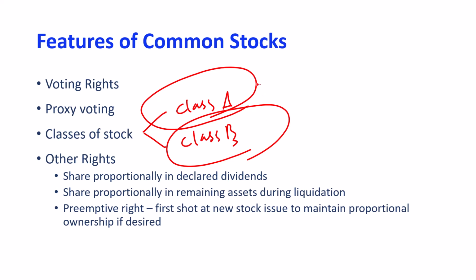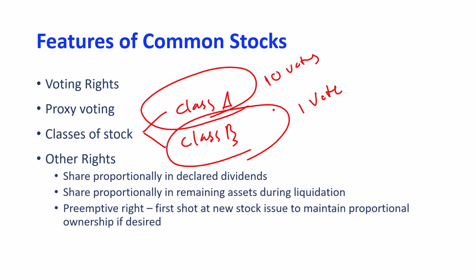For example, in the case of Facebook or Meta, Class A shares are all owned by Mark Zuckerberg and other founders, and each share has 10 votes. But the other shares that are held by outside investors, each share has 1 vote only. So these dual classes of shares can happen too.